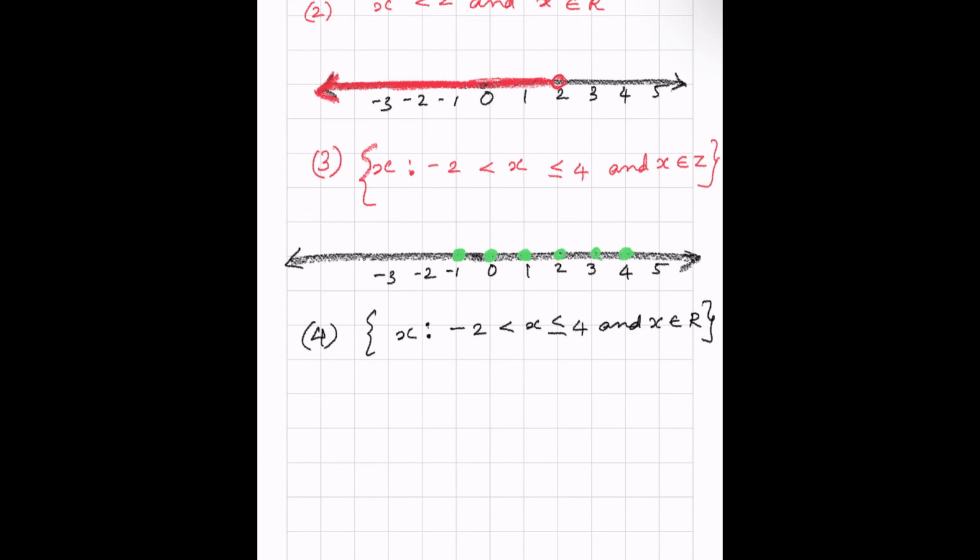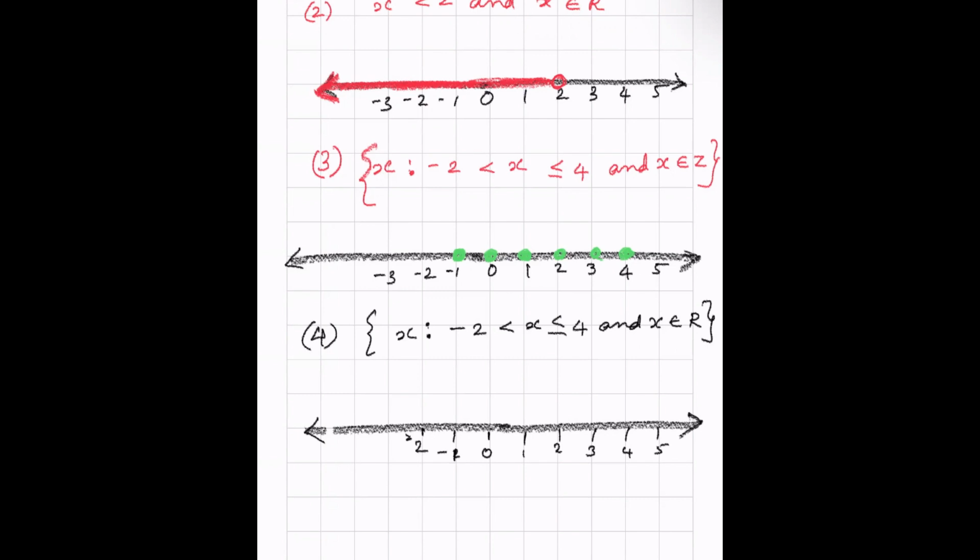It becomes real numbers. So here again, draw that number line. In all the cases, we have to draw the number line. Then put 0, 1, 2, 3, 4, 5, and here negative 1, negative 2. Now negative 2 less than x less than or equal to 4.